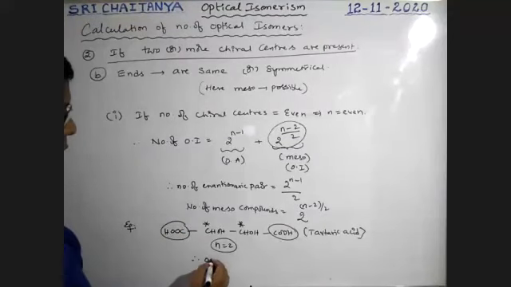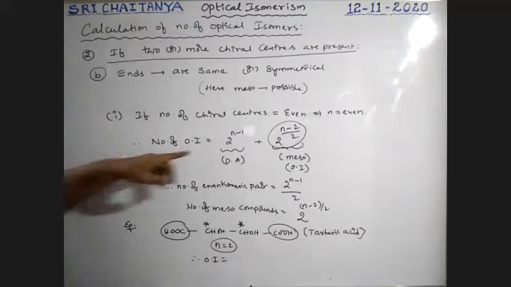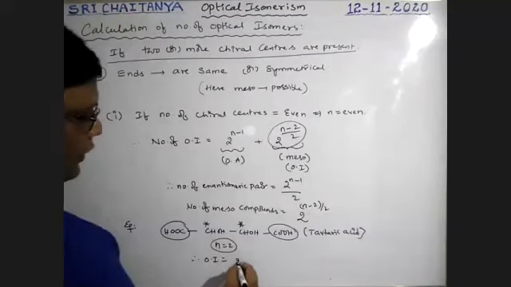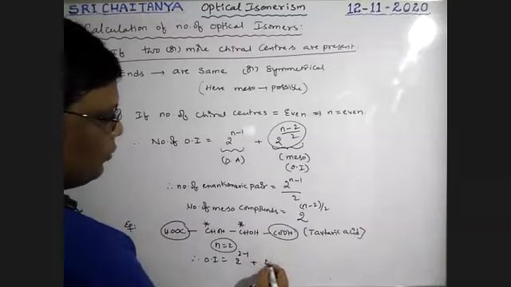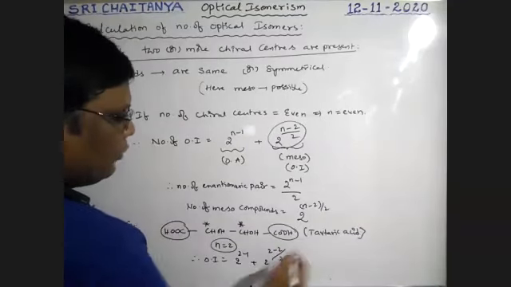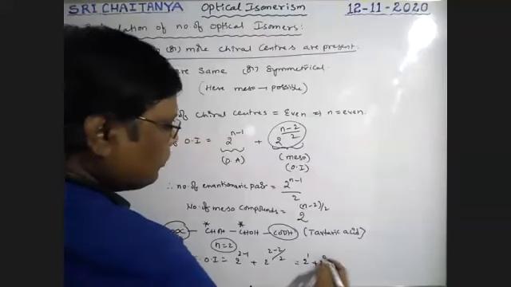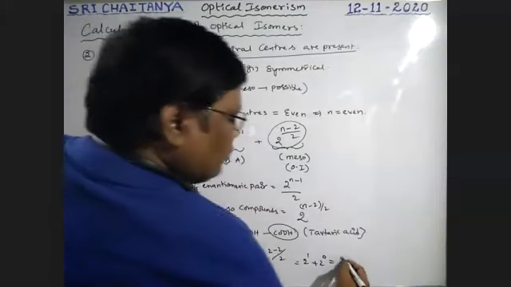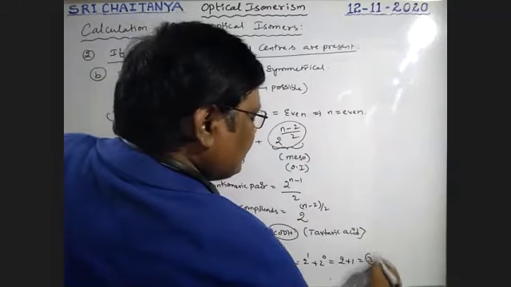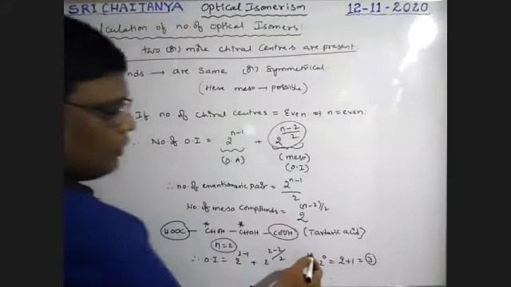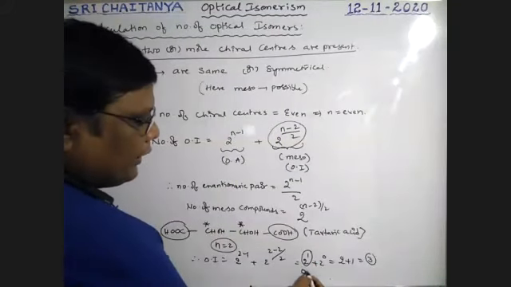Therefore, number of optical isomers is equal to 2 power n minus 1, that is 2 power 2 minus 1, plus 2 power 2 minus 2 by 2, that is 2 power 1 plus 2 power 0, that is 2 plus 1, which is equal to 3. Therefore, these two are optically active.